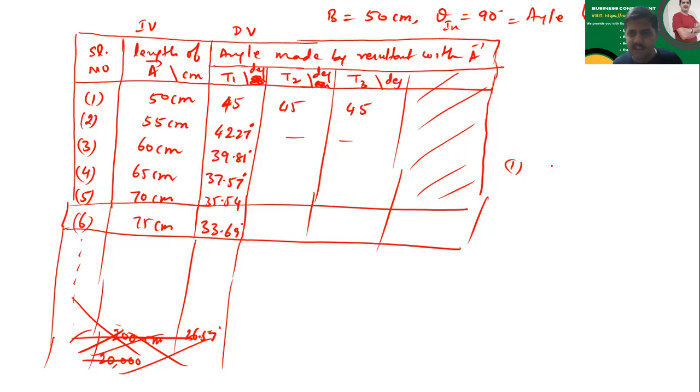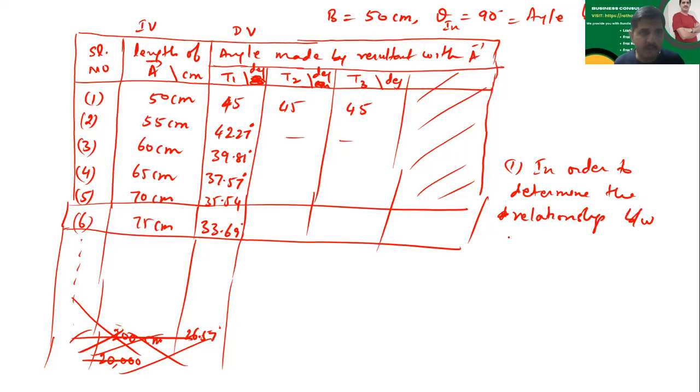So what we need to write is, in order to determine the dependency, or you can say relationship, between, okay, between what?